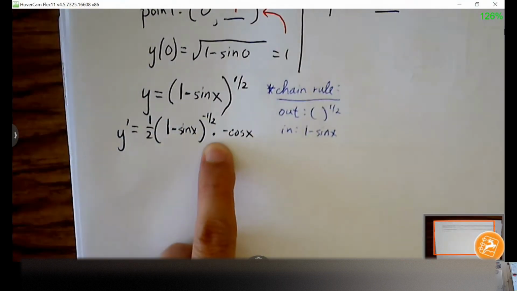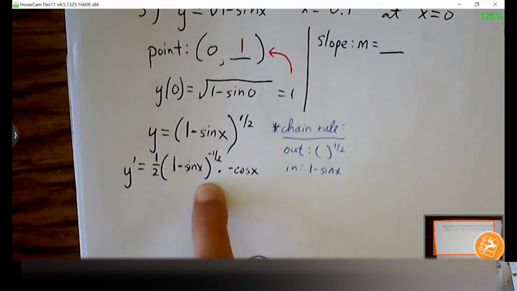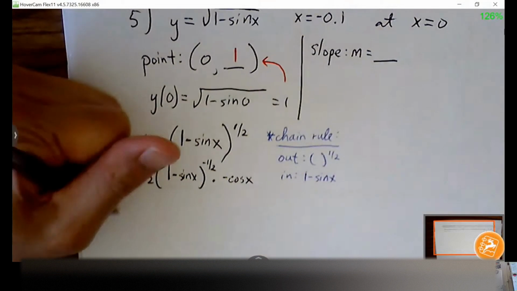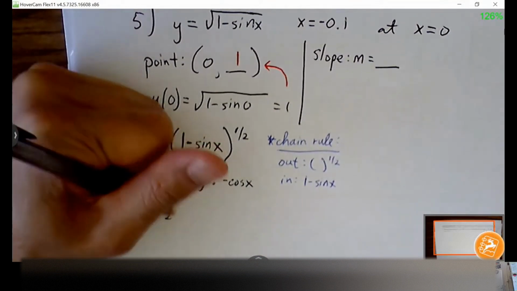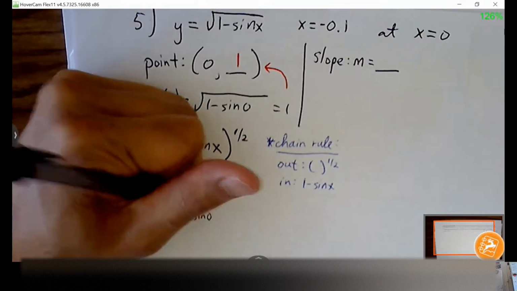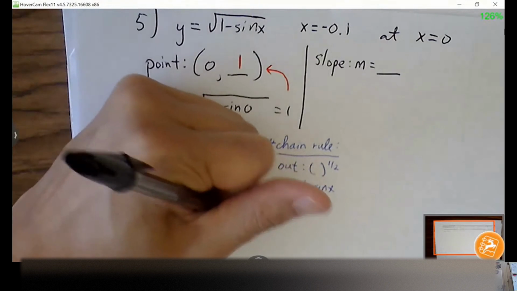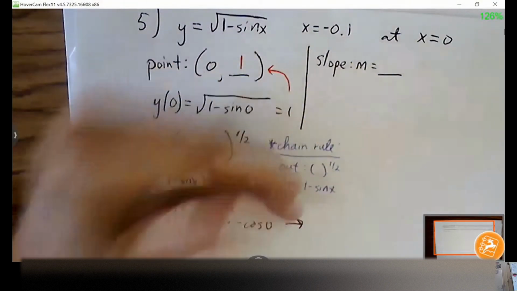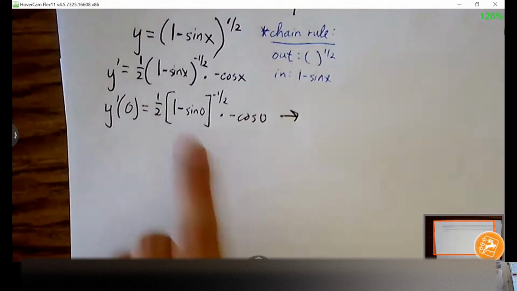So once we have our derivative, you can clean this up or you don't have to, but we're going to be evaluating the slope at 0, right? Now, I know this looks really messy, but it's going to clean up nicely.